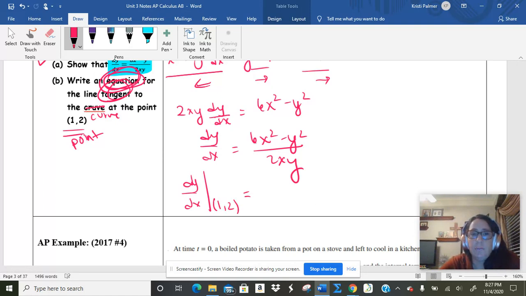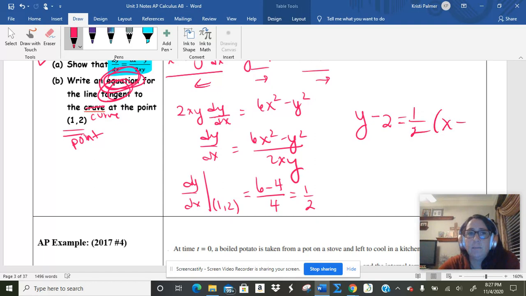So 6 times 1 squared is 6, minus 2 squared is 4, over 2 times 1 times 2 is 4. So 2 over 4 would give me 1/2. But I want the equation, so I have to do y minus y1 equals the slope times x minus x1.